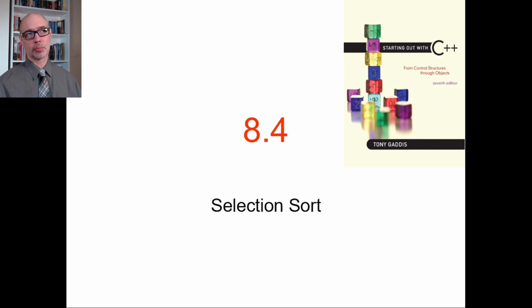Now, the first improvement that someone might say in a situation like that is, instead of having the smallest thing move one step at a time, why not just find the smallest thing and put it in the right place? Why not just put it in the right place to begin with and save all those copies? And that's the essence of selection sort, is you are going to find the smallest thing and just make one single swap and put it in the right place in one step. And hopefully that's going to save a lot of time.